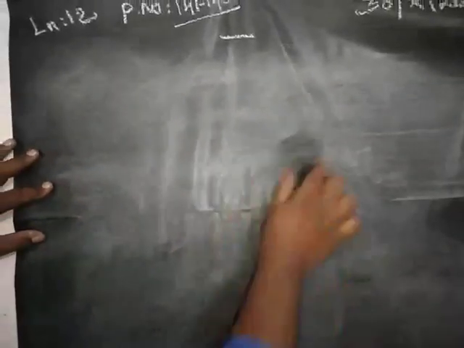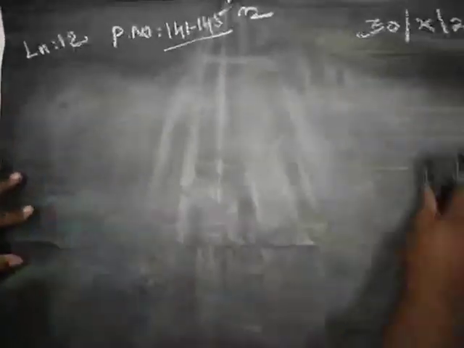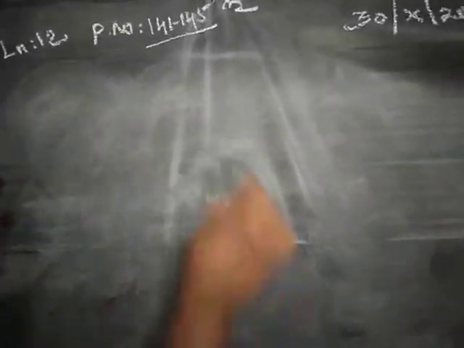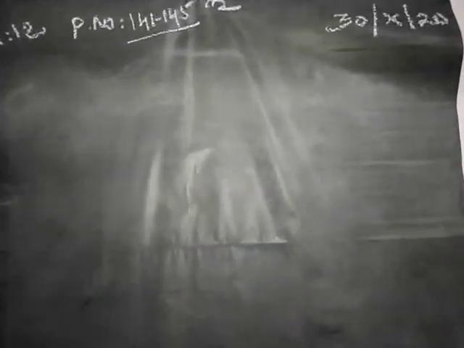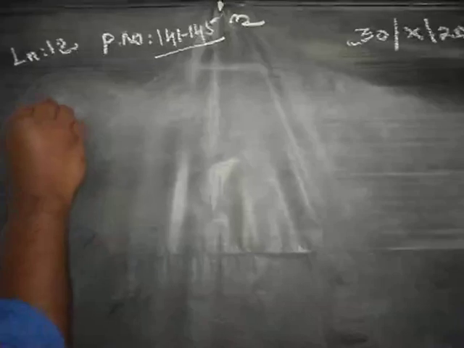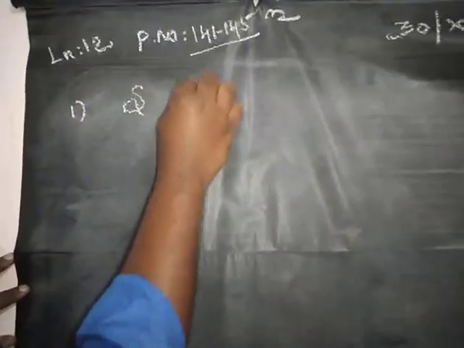If you look at the periodic table, we have already seen how many groups there are. There are 18 groups in the modern periodic table. First, S block elements.